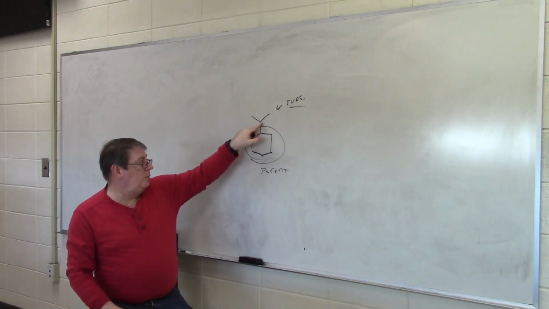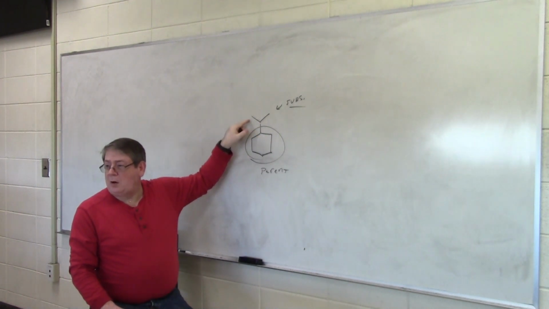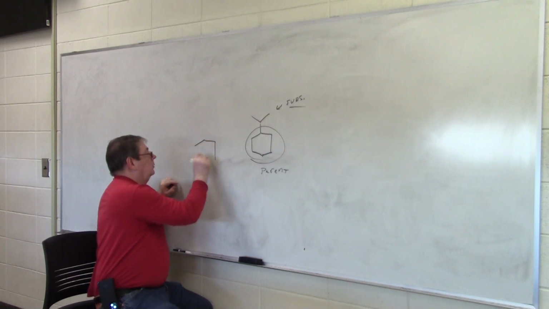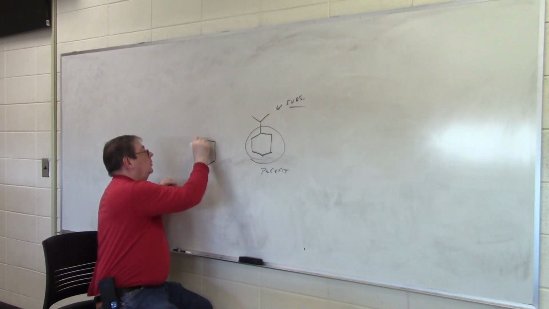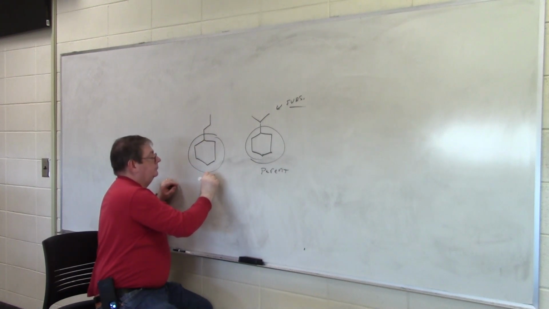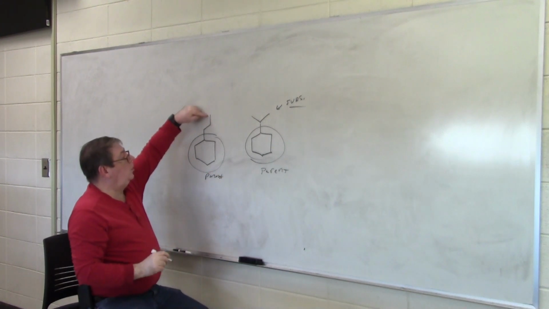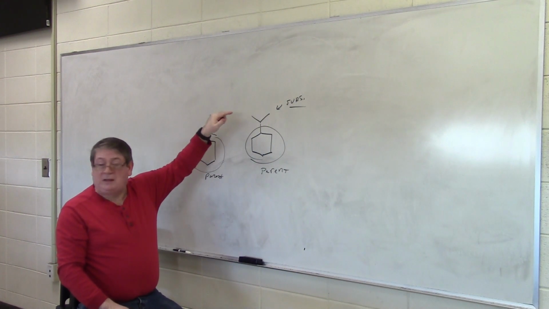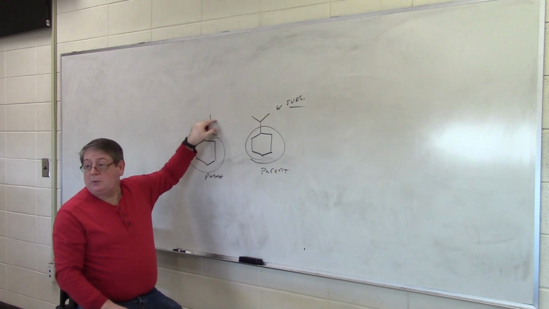But it's actually on the number 2 carbon. It's not on the number 1 carbon, right? So we call this isopropyl because it's on the 2nd carbon. It's an isomer of the propyl group. So there's my parent, that's propyl, and that's isopropyl. They're the same number of carbons and hydrogens, but this is an isomer of this one.